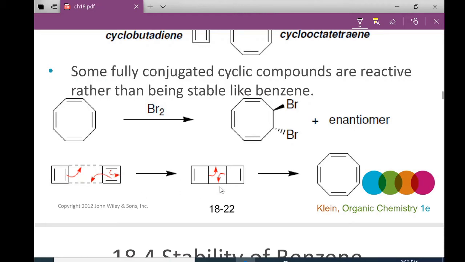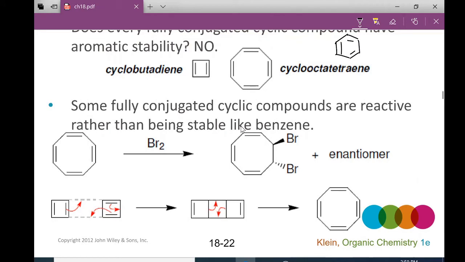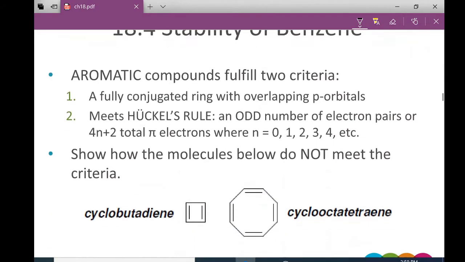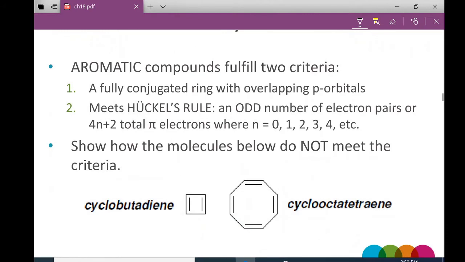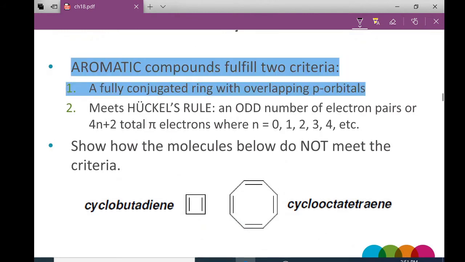And then that dimer is pretty reactive, and it actually undergoes a rearrangement to form cyclooctatetraene. So these molecules are obviously reactive, and they're obviously not particularly stable, and therefore there must be something going on here to make them not aromatic, and we're going to learn what that is. That's because they don't meet the criteria for aromatic compounds.